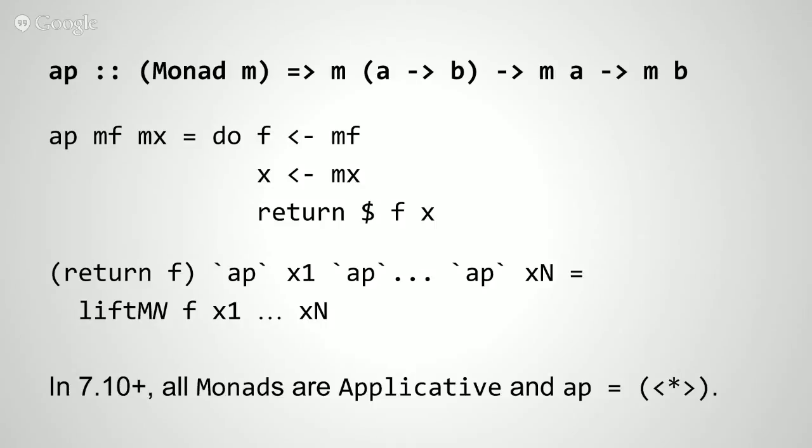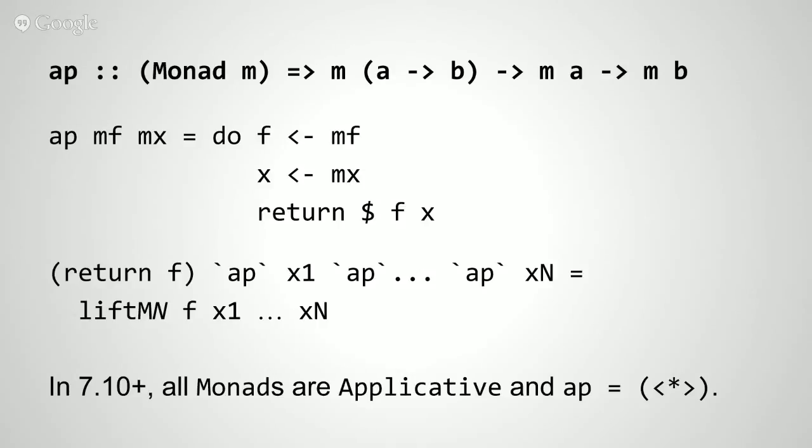No, and the type signature reflects that. It takes an M (A to B) and an M A, and it returns M B. See, it's the exact same thing as the snowflake on applicative, except on a monad. And again, it's grandfathered in because this exists from before all monads were applicative.